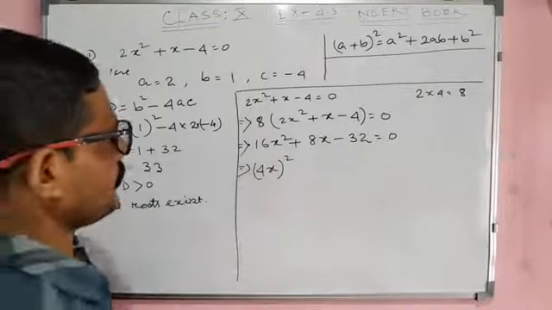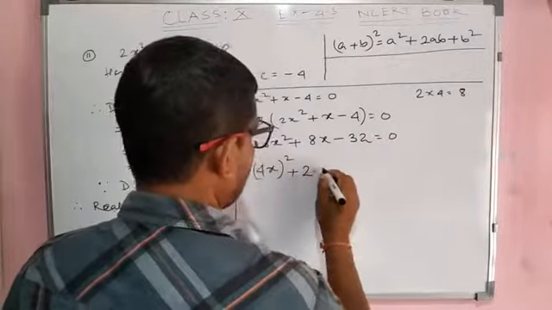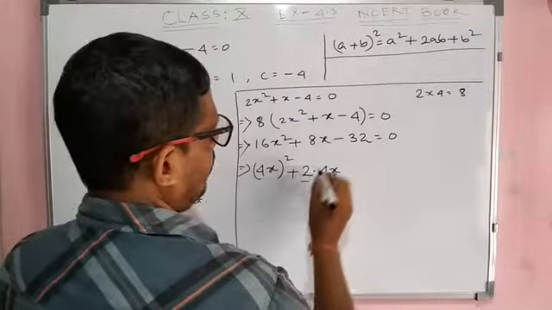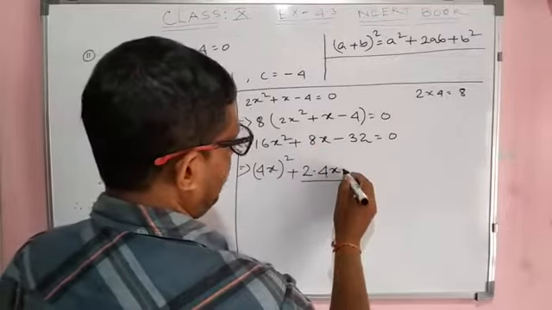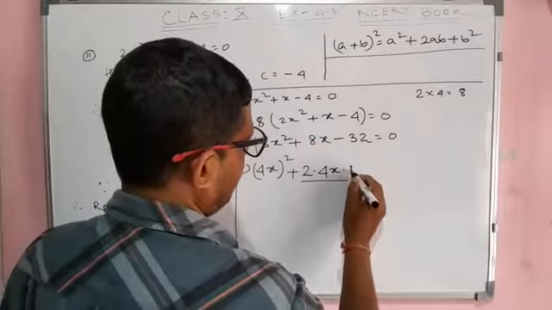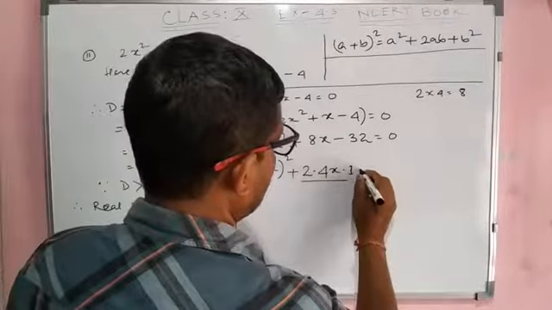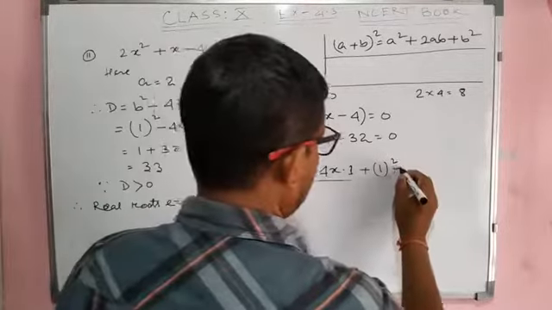According to the formula, 2 into a, which means 4x. Now to get 8x, we have to multiply by 1. So 2 into a into b, b means 1, so it will be 1 square. Then minus 32.